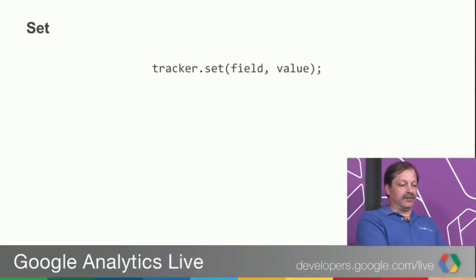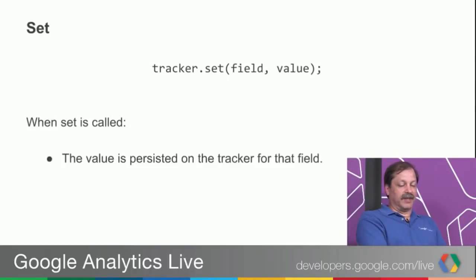Let's talk about the set method. How does that work? When you set, the set method will make a permanent adjustment to your tracker model. The tracker keeps track of all the parameters and their values that you've set. It's persisted, and it'll stay in the tracker until you get rid of it.